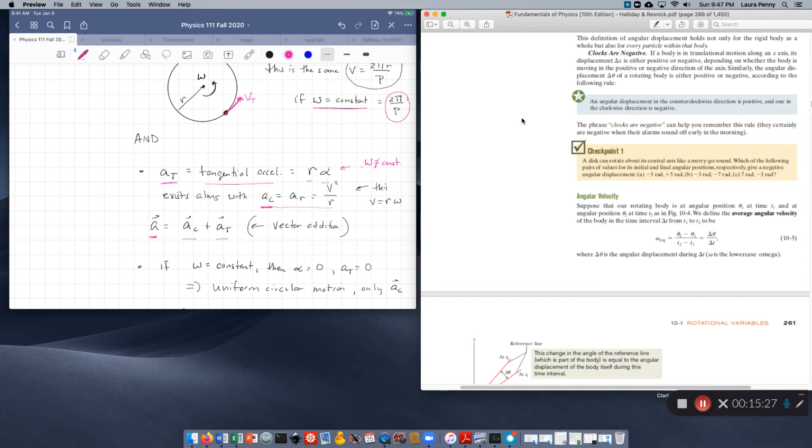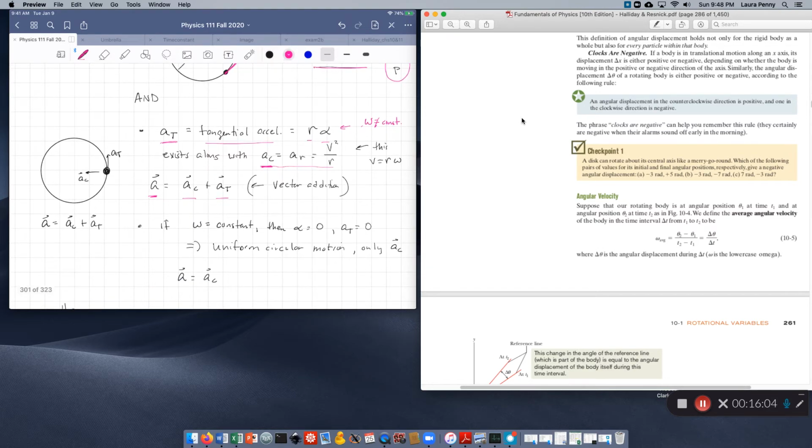So if I had some object moving around in a circle, and say it was here, it would feel some centripetal acceleration this way, but it could also feel a tangential acceleration this way. And so its total acceleration would be the centripetal acceleration towards the center of the circle, and its tangential acceleration tangentially.